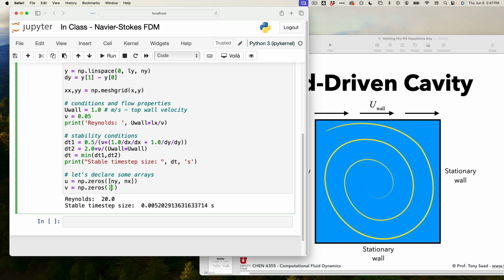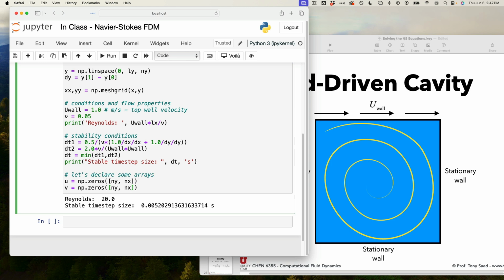Again, for v velocity, also ny and nx. Note that I don't need to implement any ghost points at this point because I have velocity variables right at the boundary, right? So I can just set those over there directly.